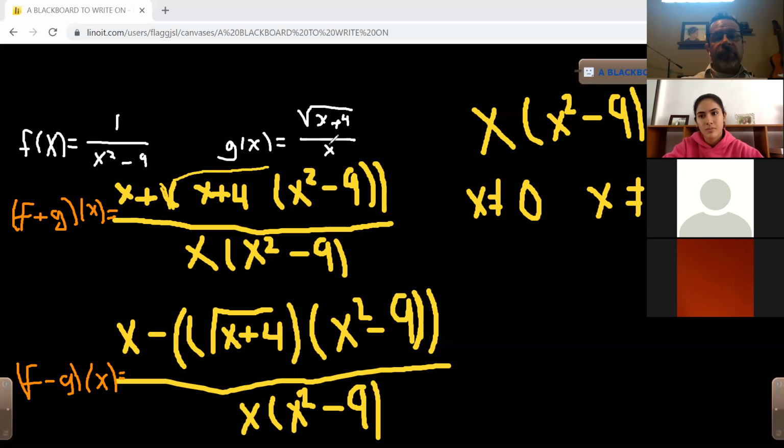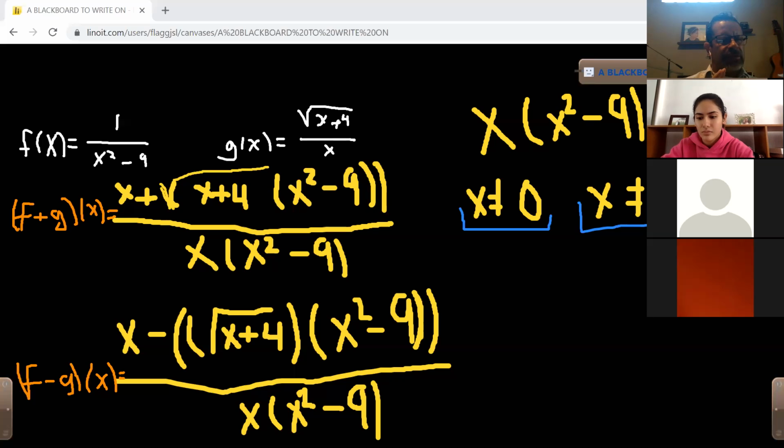So this is the first part. Part of the domain has to do with the denominator, which is something that Andrea wrote down here: for the denominator, x cannot be 0 and it cannot be 3. That's perfect. That's correct.